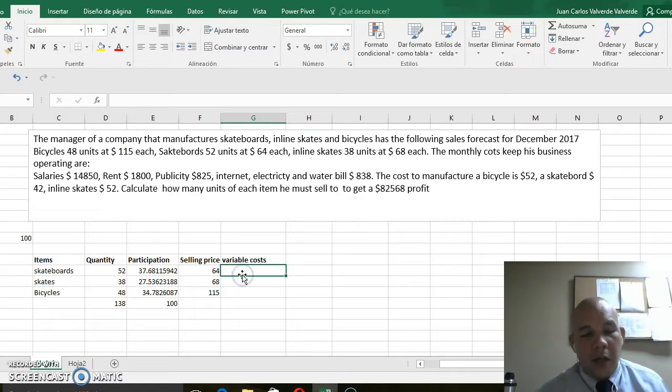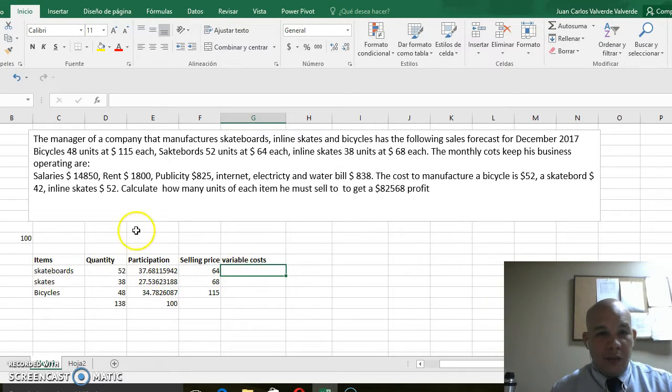The variable cost means how much money I invested when I manufacture those items. When I manufacture skateboards, I invested $42, which is lower than the selling price.